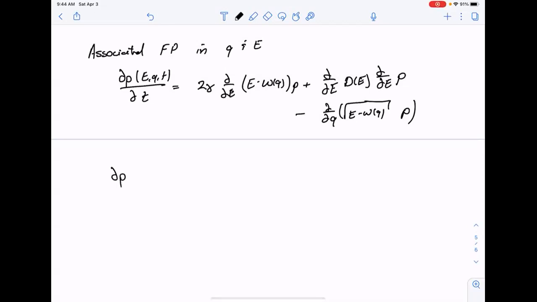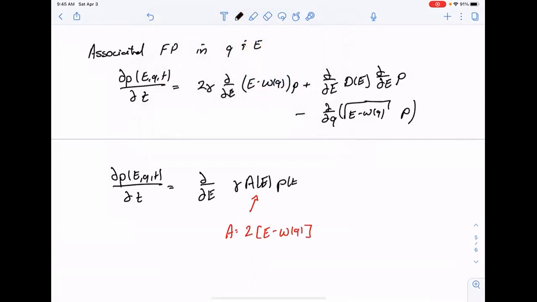So this equation can be rewritten in a form, a derivative with respect to E, gamma times a coefficient A of E, the so-called action, times P of E and T. Essentially, we can eliminate Q completely if you actually worked out these expressions.